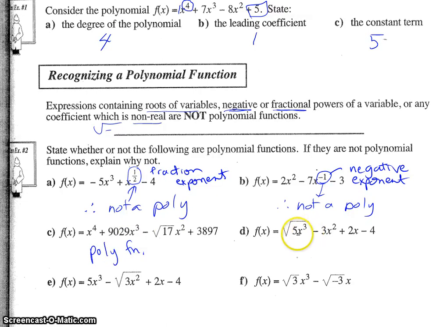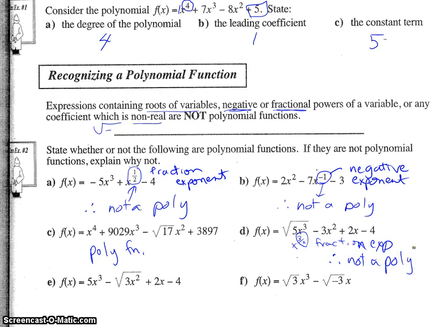Next one, square root of 5x cubed. Because the root goes over top of that x cubed, that's the same as saying x to the 3 halves. So because of that, fraction exponent, therefore not a polynomial.